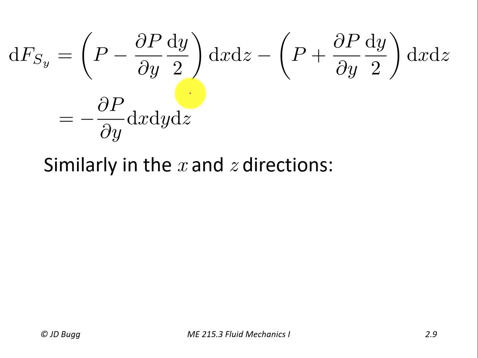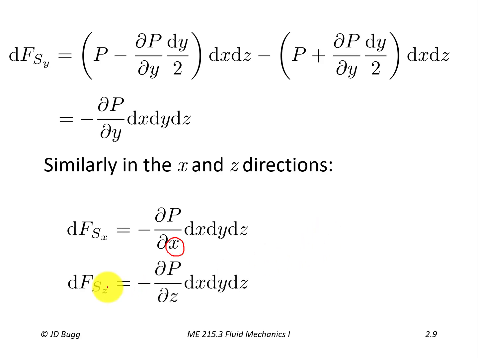If we went through this whole process in the x direction, we would get this, and notice it's exactly the same expression as this, except it depends on pressure gradients in the x direction instead of the y direction. All the rest of it is exactly the same, and likewise in the z direction, exactly the same expression again, except it's the pressure gradient in the z direction. So we now have all 3 components.